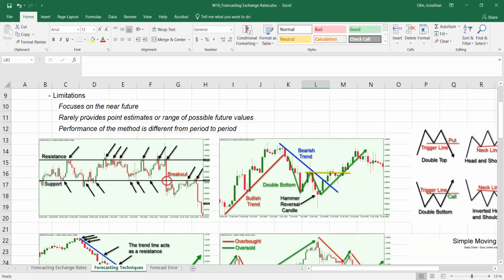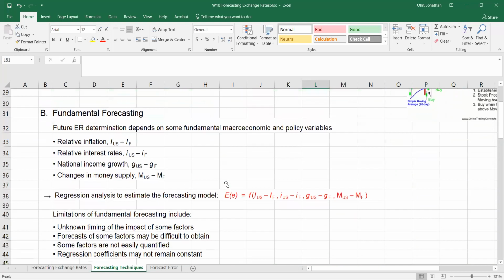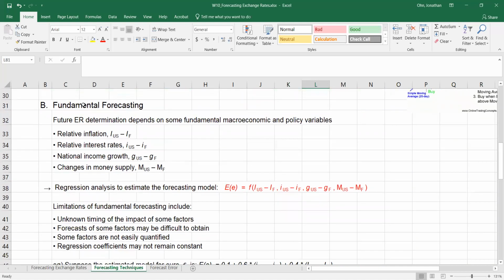But it does not provide a point estimate or range of the possible future value. And the performance of the method differs from period to period. That's the limitation.